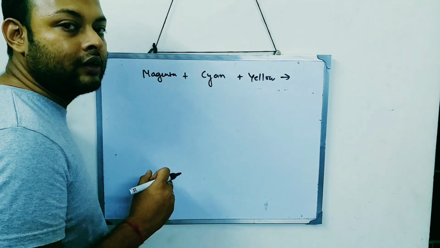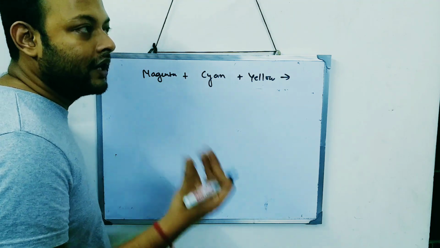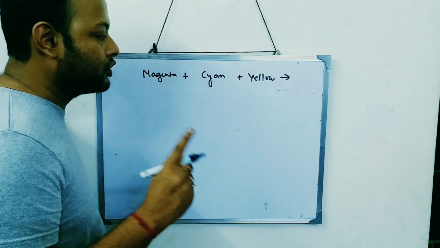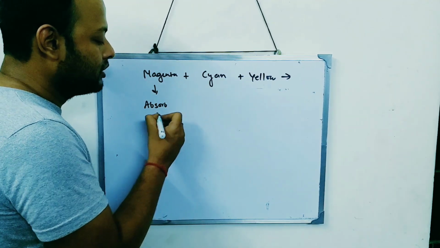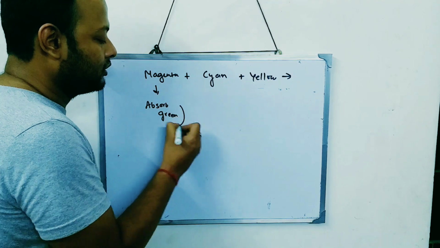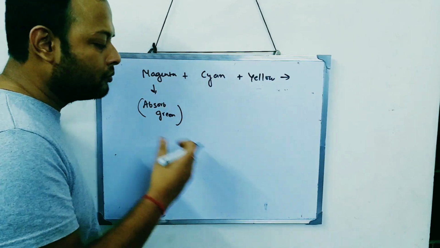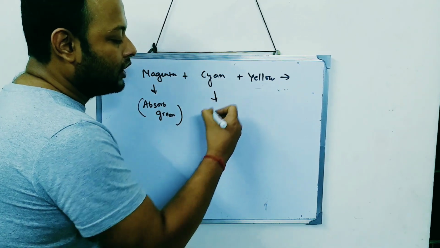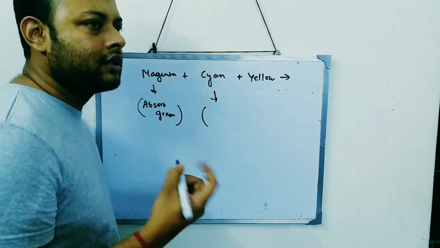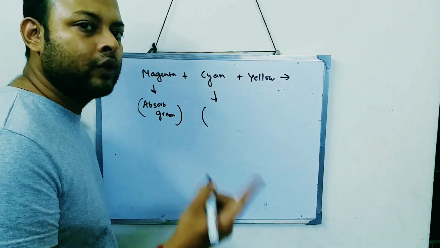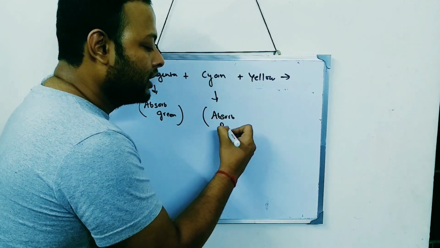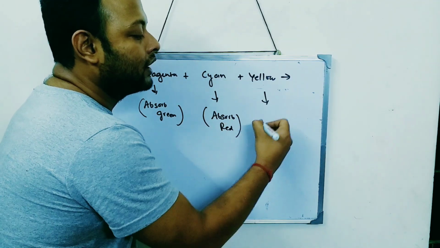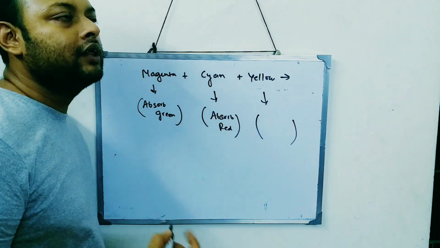Magenta will reflect the red and blue, but it will absorb the green. On the other hand, cyan reflects the blue and green, and it absorbs the red component of light.